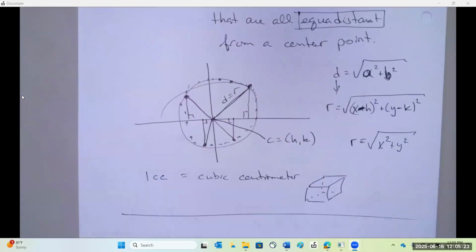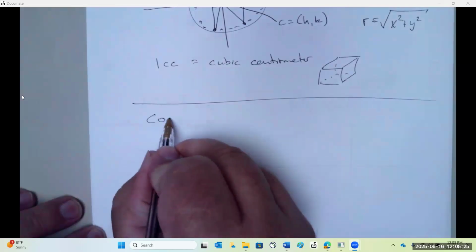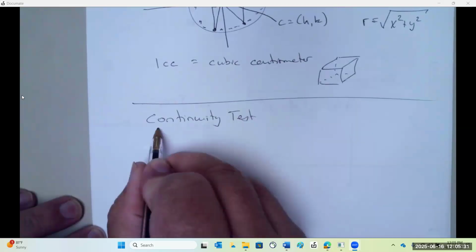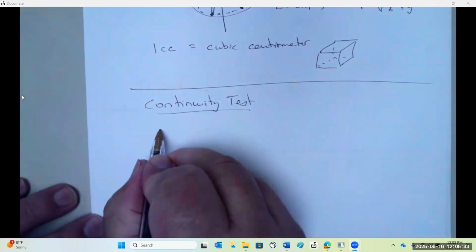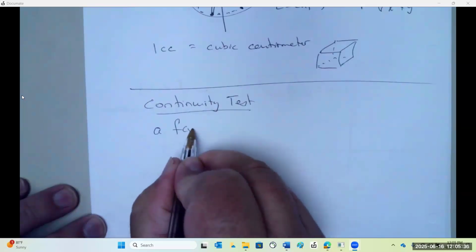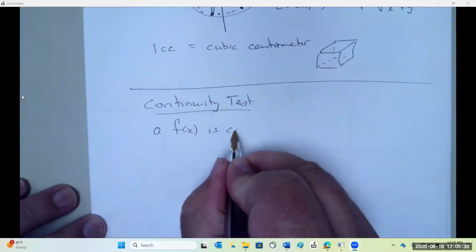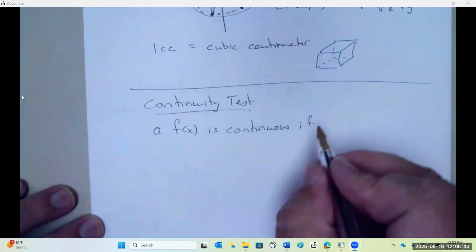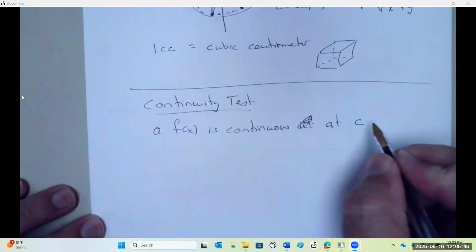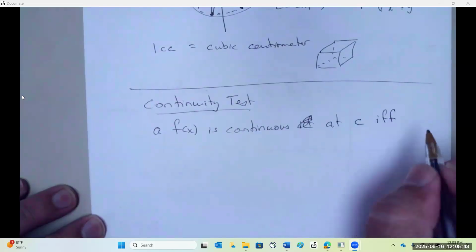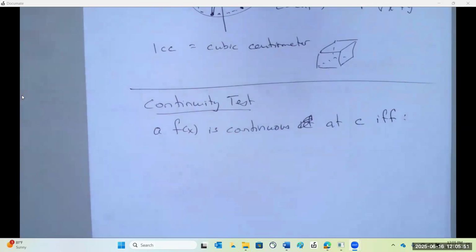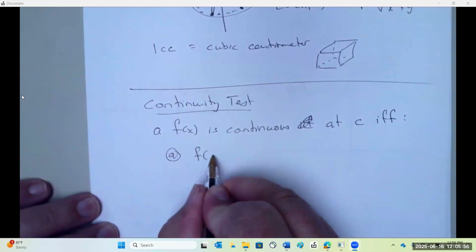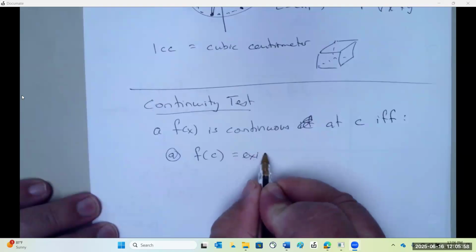Which brings us to the continuity test. A function is continuous at C if and only if the following exist. F of C exists.